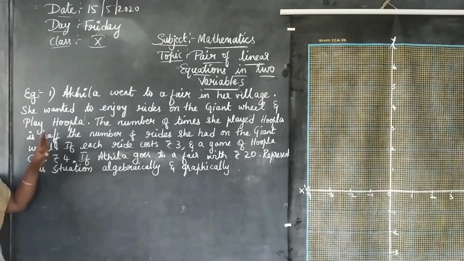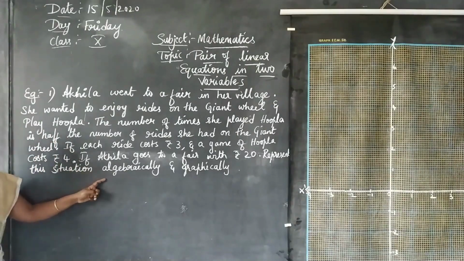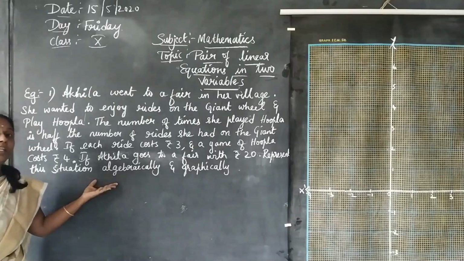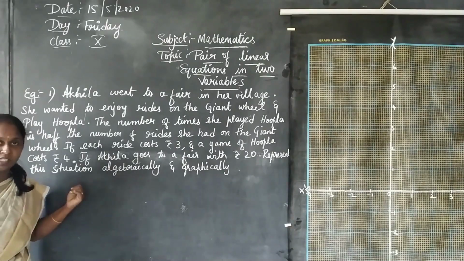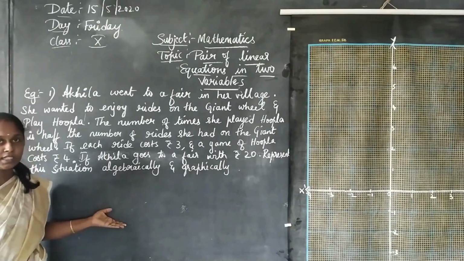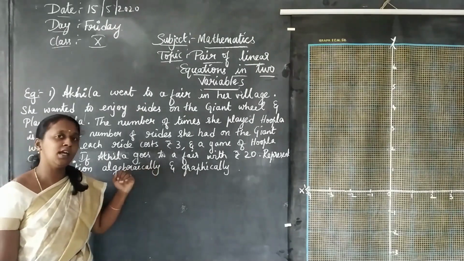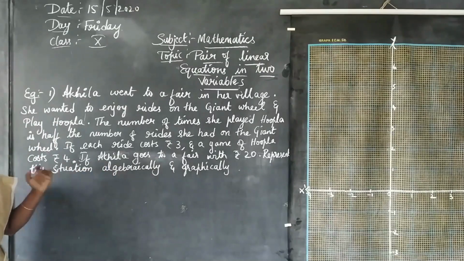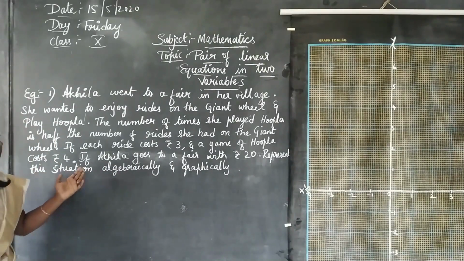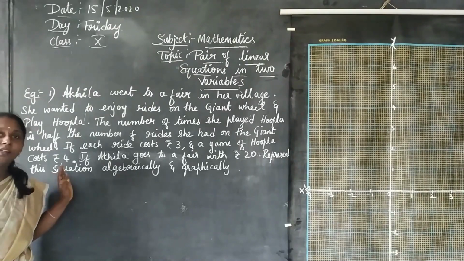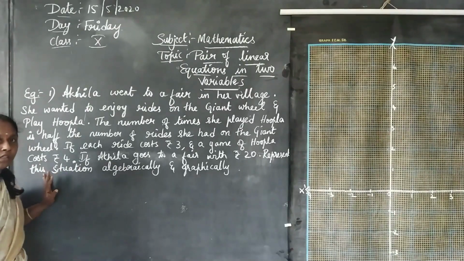I should represent this situation algebraically and graphically. After representing it algebraically, I should represent it graphically and find the number of rides on the giant wheel and the number of times she played hoopla. Is it clear, children? I feel you are clear with the question.